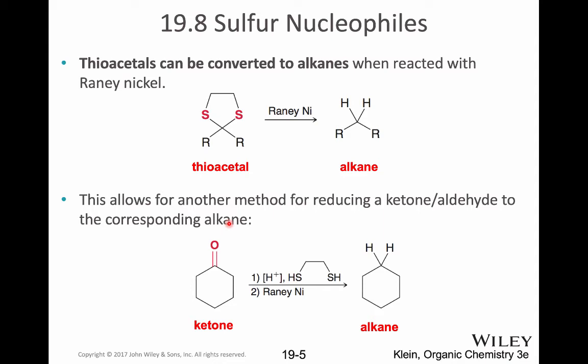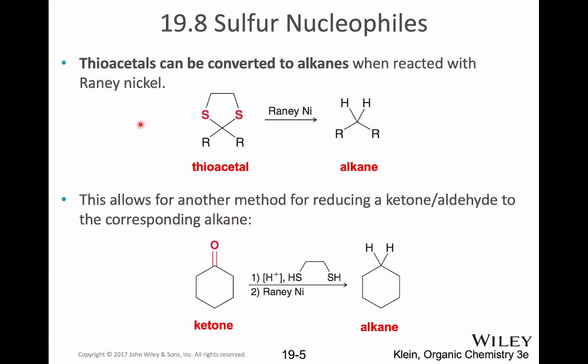But generally, when people use these sulfur nucleophiles, they're going to take those thioacetals and do something else with them. One of the things you can do with thioacetals is reduce the thioacetal to the corresponding alkane using something called Raney nickel.